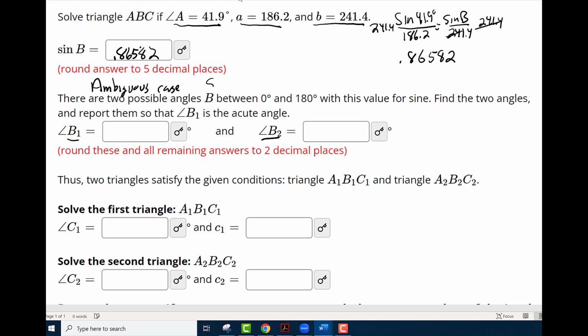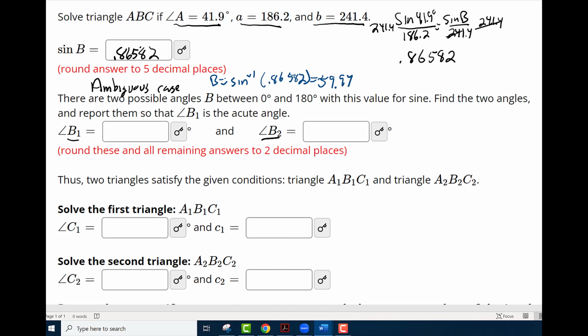If I go ahead and say B equals sine inverse of 0.86582, and I'm just going to take the value from my calculator and input that, which goes to more decimal places, I get 59.97859.